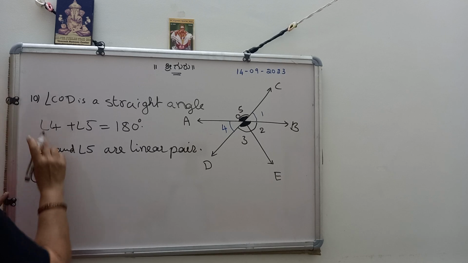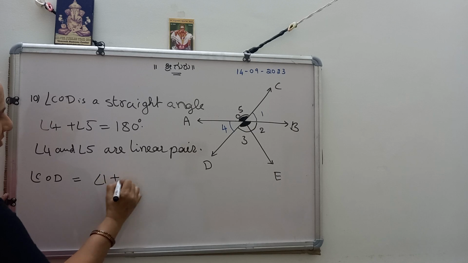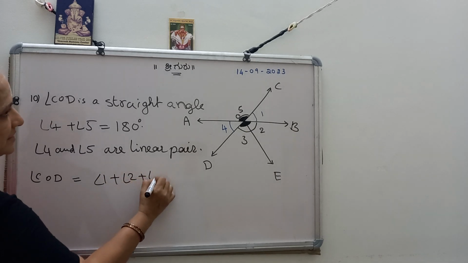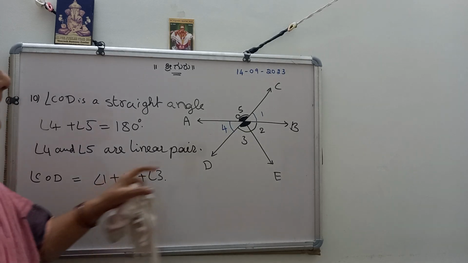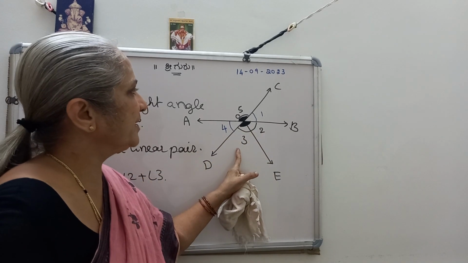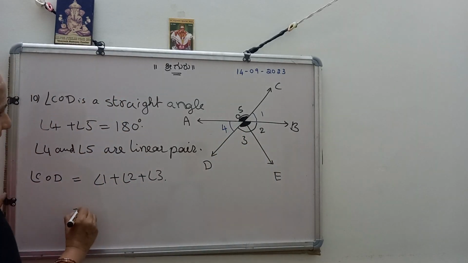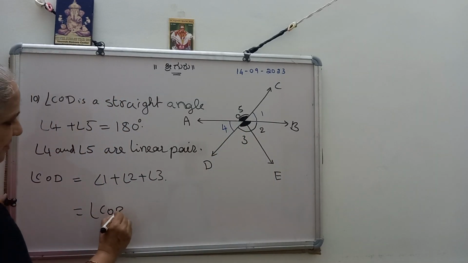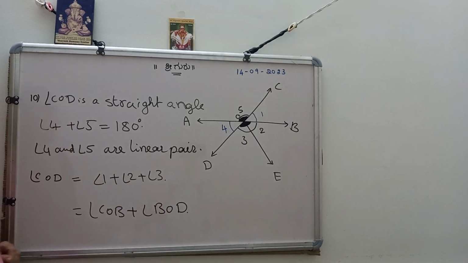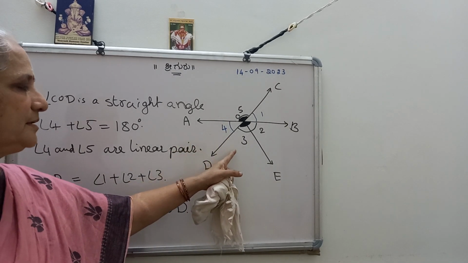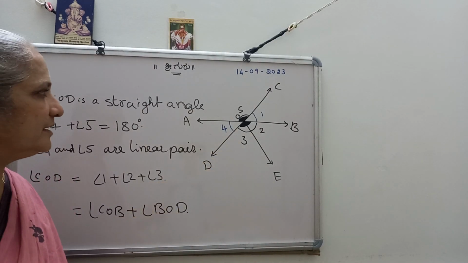COD again is a straight angle, equal to angle 1 plus angle 2 plus angle 3. Angle 1 and angle 2 plus 3 make a linear pair. Angle COB plus angle BOD: these two are supplementary angles and they are adjacent, therefore they make a linear pair.